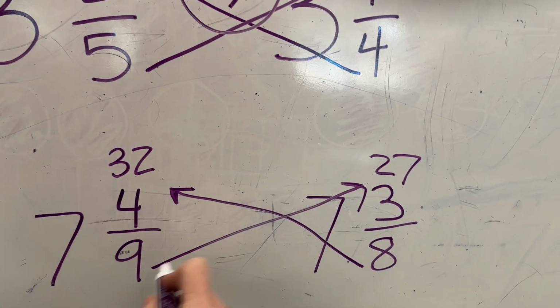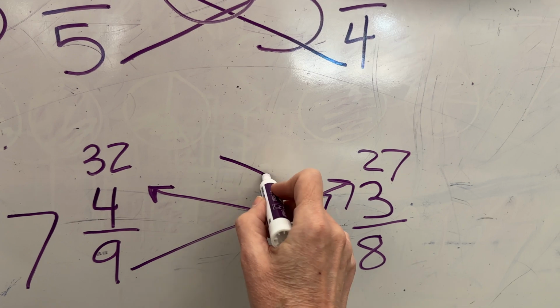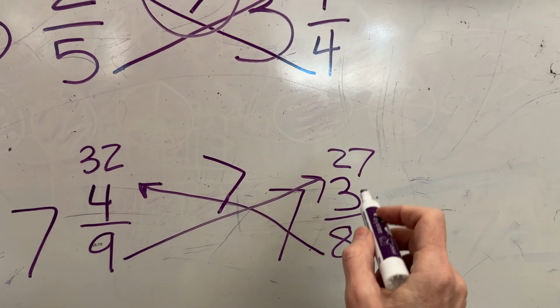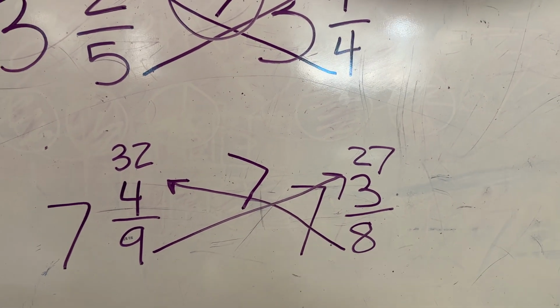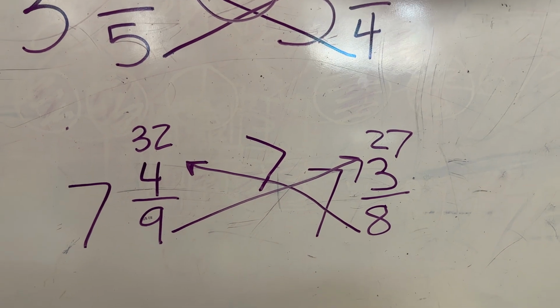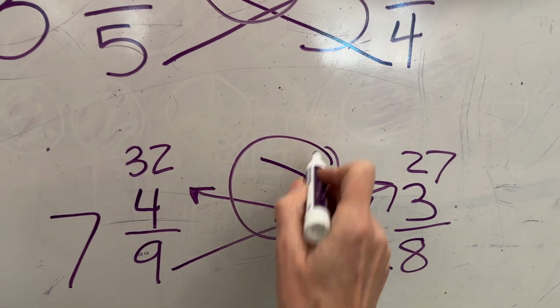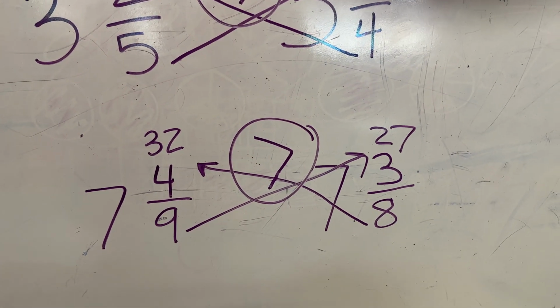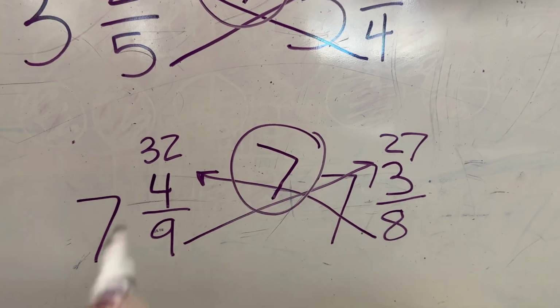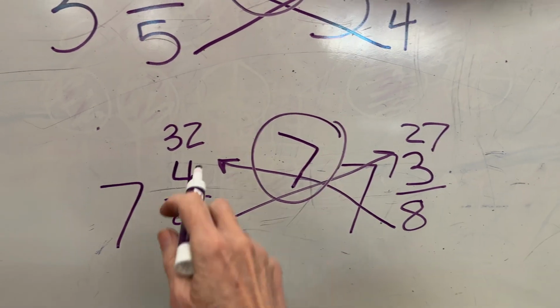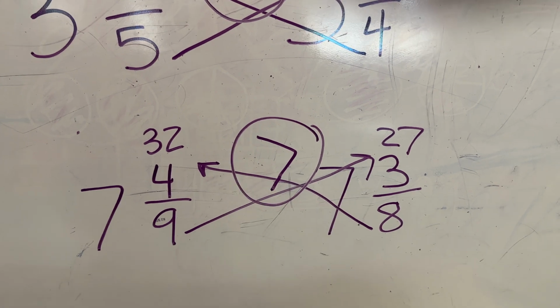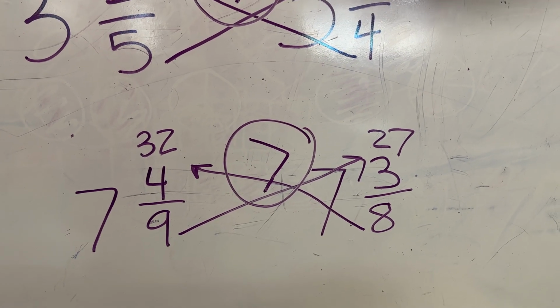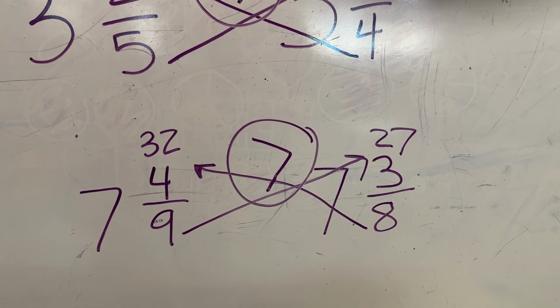So 7 4/9 is greater than 7 3/8. Now, when you're doing math like this, make sure that it's clear how you did it. Show your work and make sure that if you've done the arrow drawing, we can see your greater than, less than, or equal to symbol.